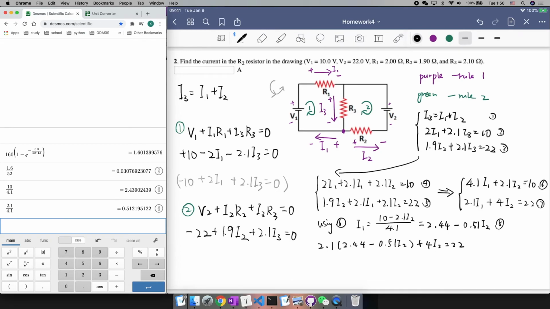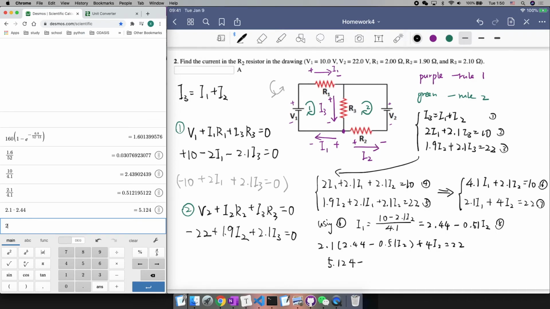We have 2.1 times 2.44, which is 5.124, minus 2.1 times 0.512, which is 1.075 I2, plus 4 I2 equals 22.